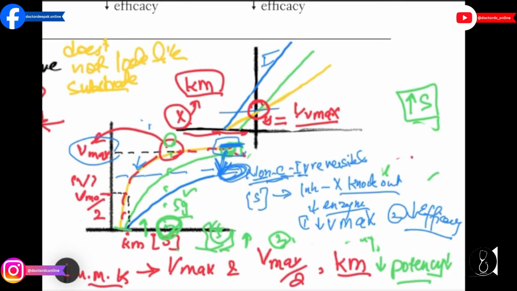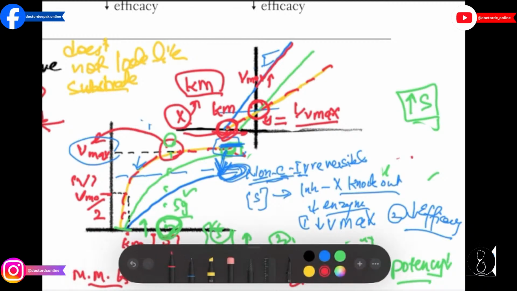So the yellow line is normal, okay? But after adding non-competitive irreversible inhibitors, the Vmax is going up. Okay? Meaning the Vmax will decrease. And if you look at this, the Km is unchanged.